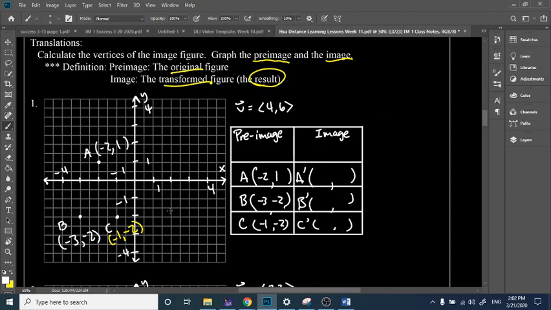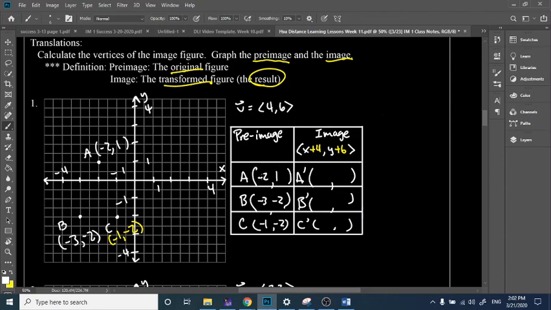Okay, let's do this one. So we have 4, 6. So that means to the x, we're going to add 4. And to the y, we're going to add 6.